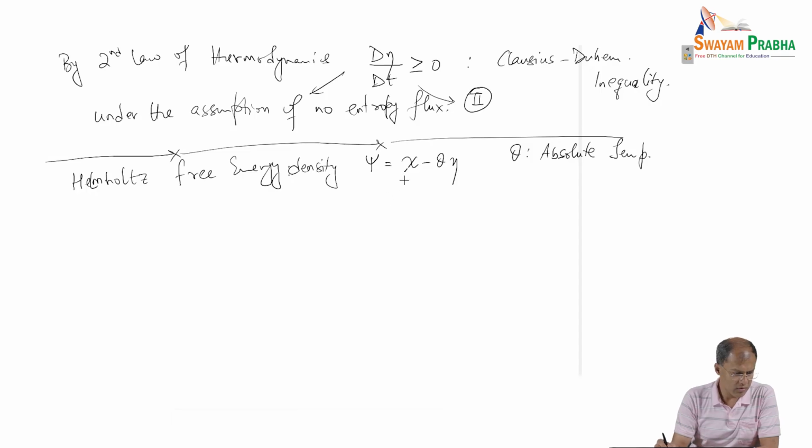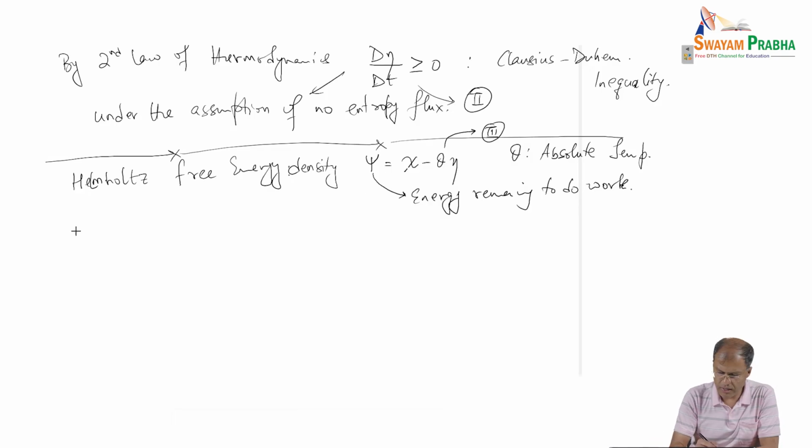So psi is the free energy density, or the energy remaining to do the work. Whatever free energy is remaining to do the work. Let me call this relation number 3. Free energy is related to the internal energy and entropy as follows.